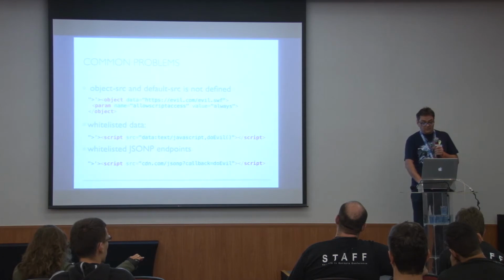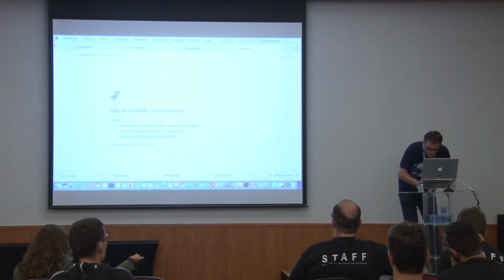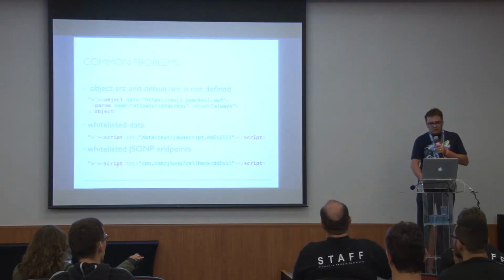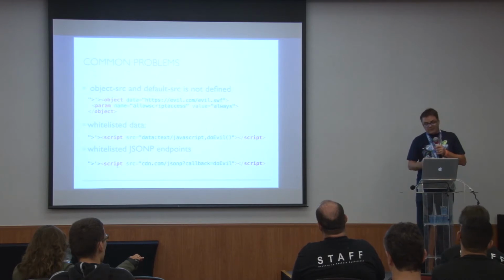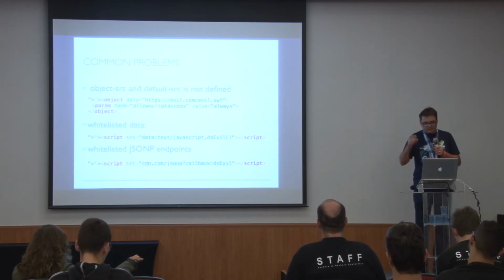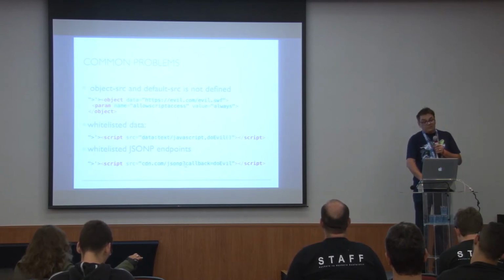For example, if you whitelist a JSONP endpoint at some CDN, which hosts, for example, Angular, content security policy does not really control the arguments of the URL.